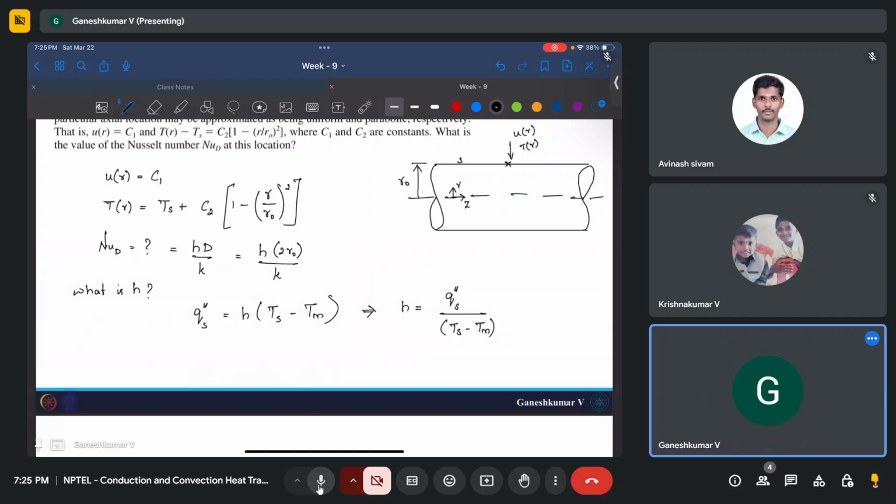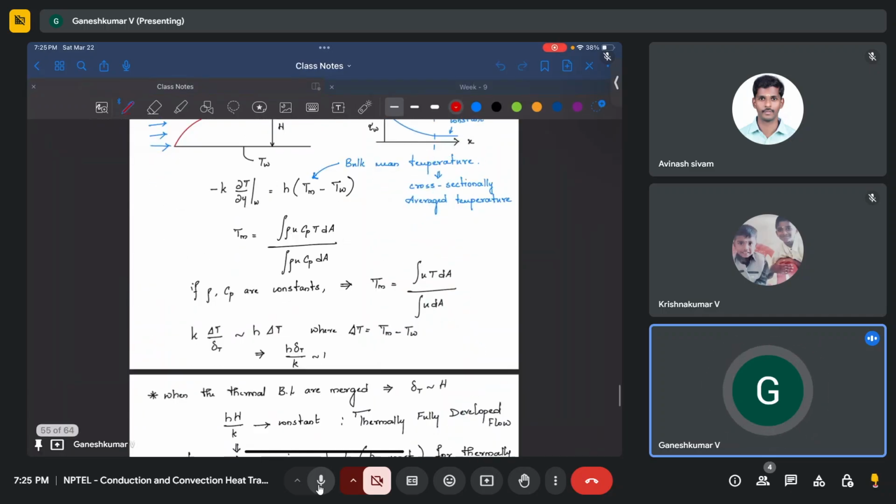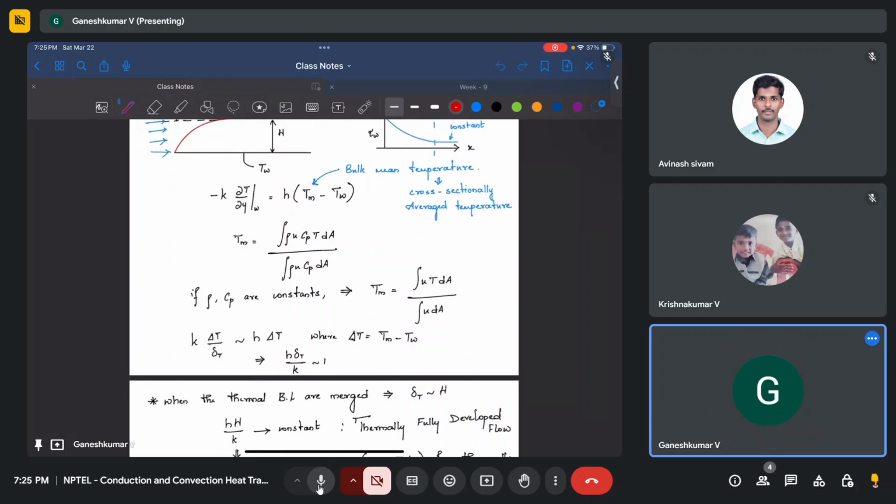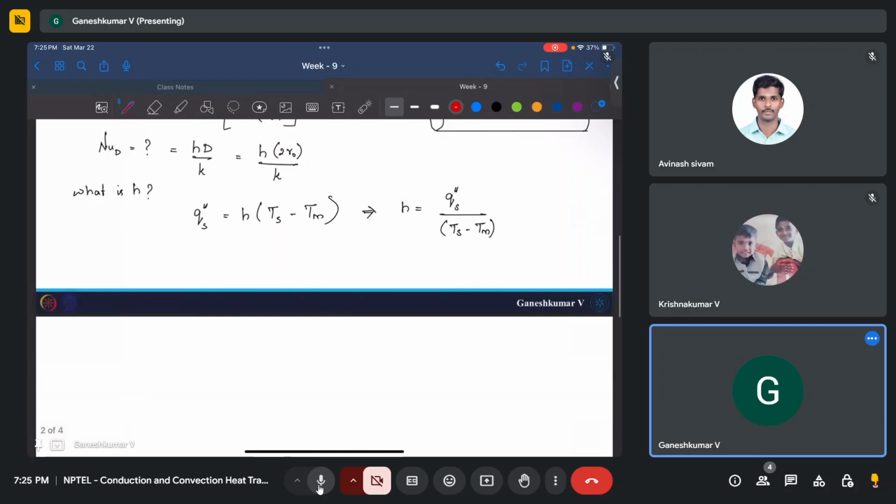How did we define this? So Tm is the bulk mean temperature. Now we need to know the bulk mean temperature and the wall heat flux.